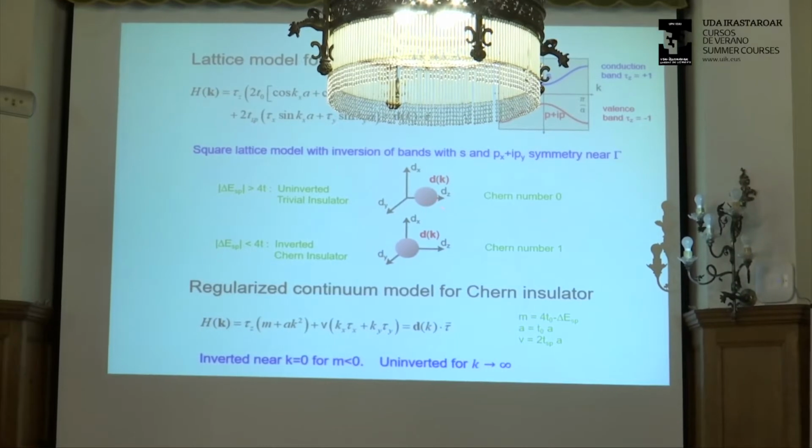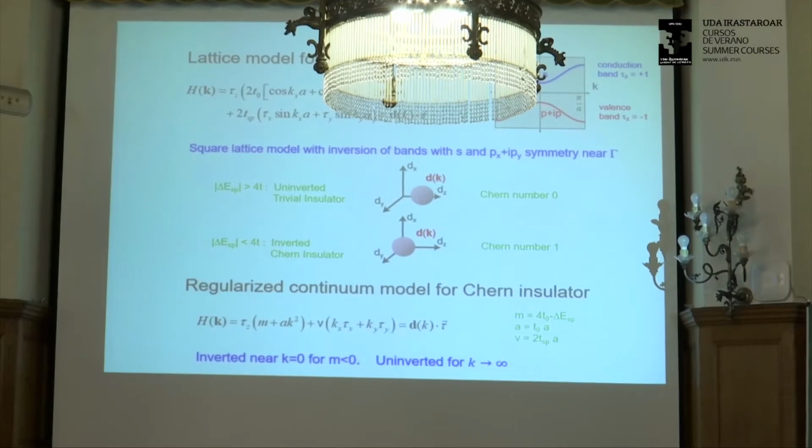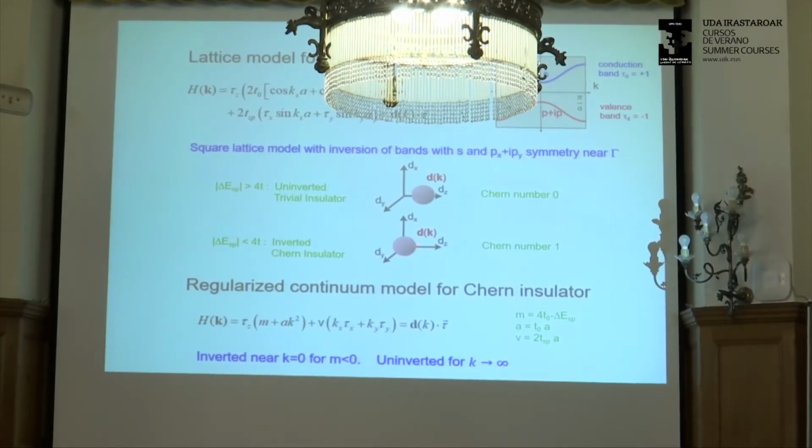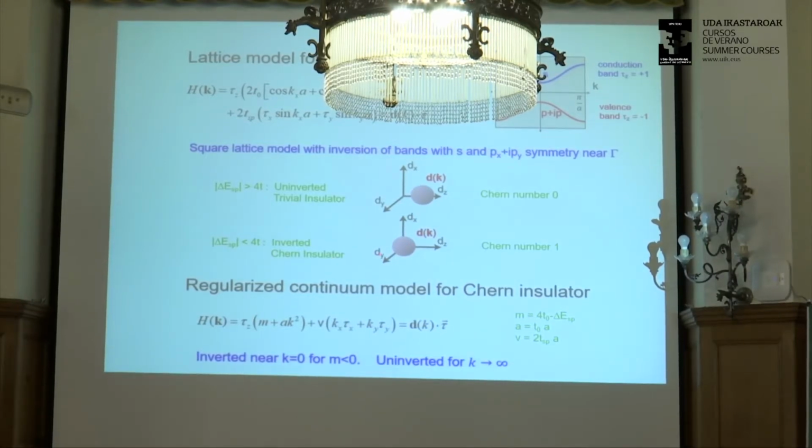Whereas if I make the band inversions smaller so that these two bands start to overlap, then you can see that this d vector is going to wrap around the sphere. And so this will be a Chern insulator.